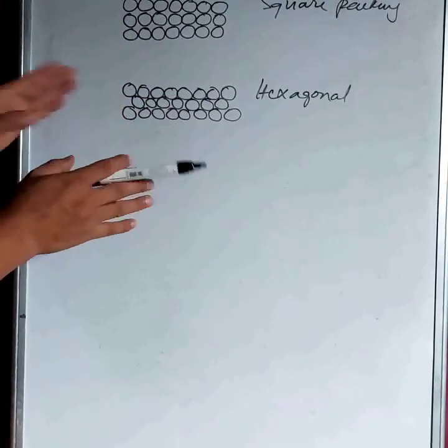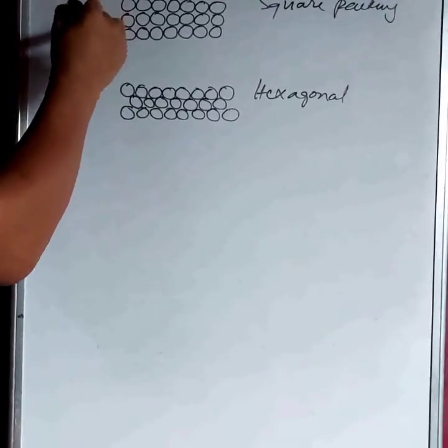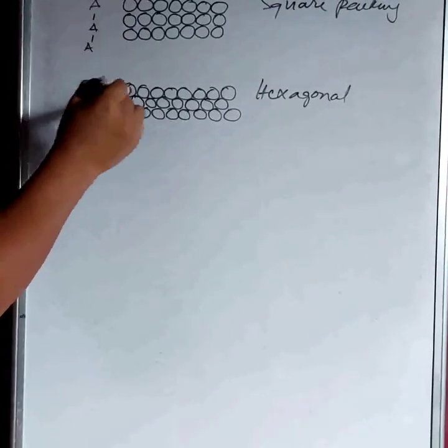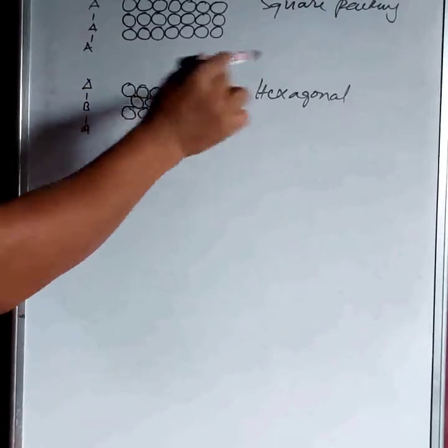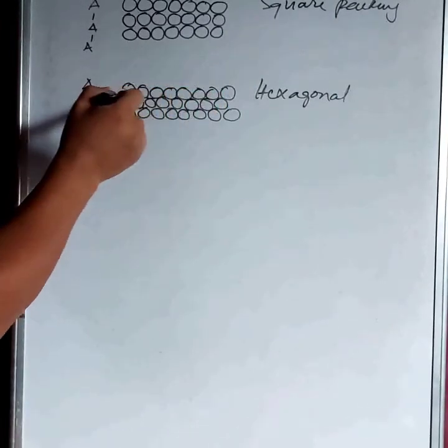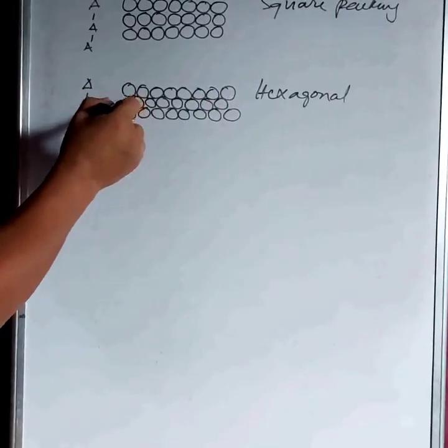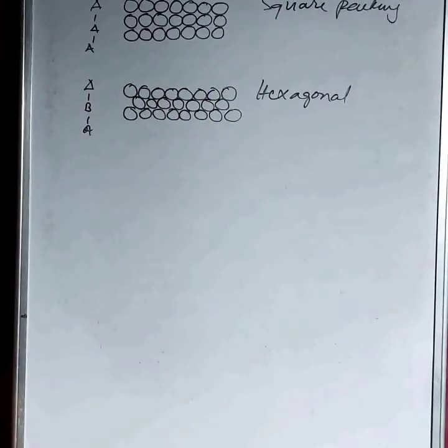In hexagonal packing, this is called A type because all are similarly packed. Between the first and the third layer, the atoms coincide, and hence we get the hexagonal type of packing system.